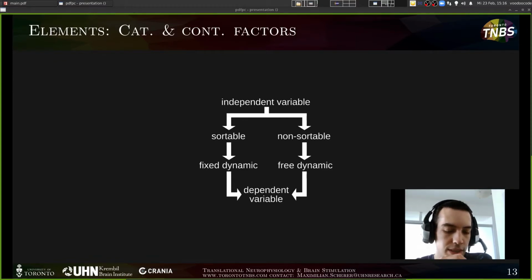And when you do your statistical modeling and decide whether that factor is categorical or continuous, you have to decide what you want to know with your model. For example, if you have your patient IDs and you want to sort them because there is a specific order in which patients were treated, then by sorting them, as in making that a continuous factor, you basically tell the model that the order of those patients is important.